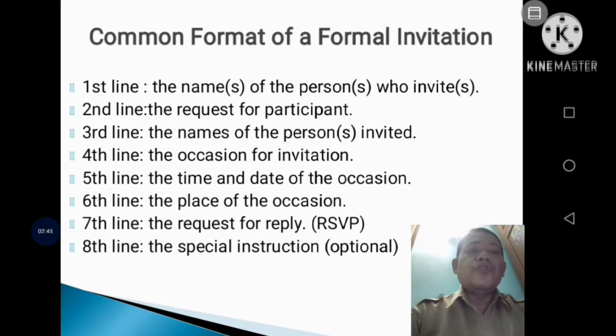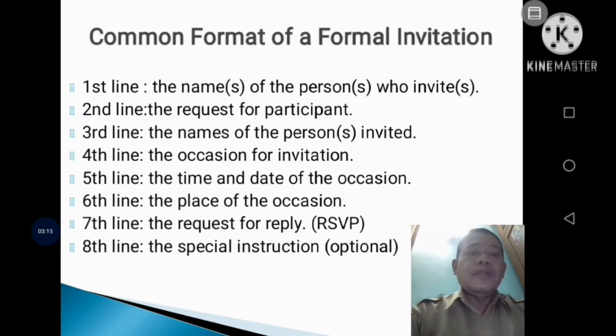Now, I would like to show you, students, the format of a formal invitation, or it is also called the structure of a formal invitation. Actually, the structure or the format of a formal invitation can be divided into 8 lines. The first line is the names of the persons who invite.